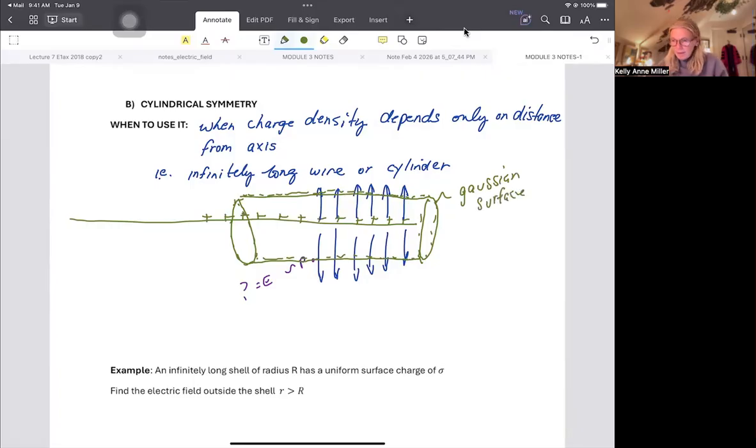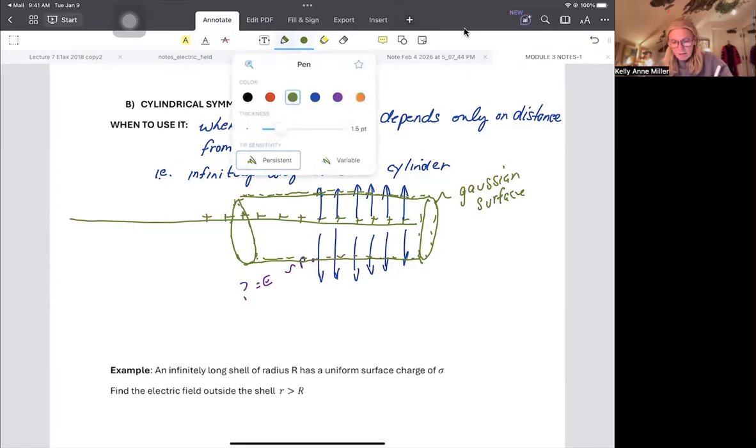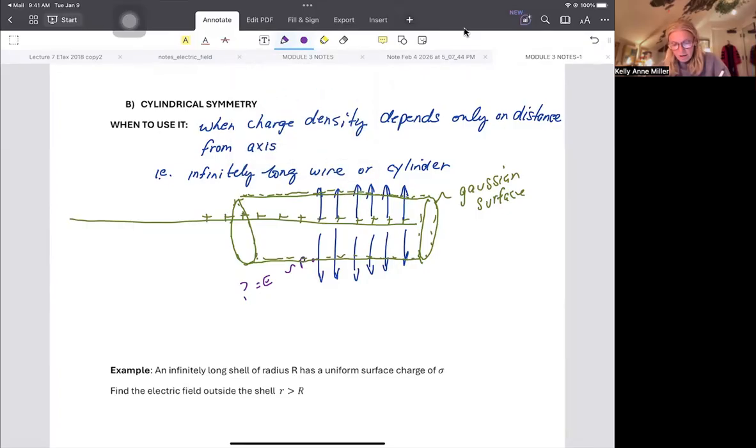I'm going to define some geometry so that I can refer to it.